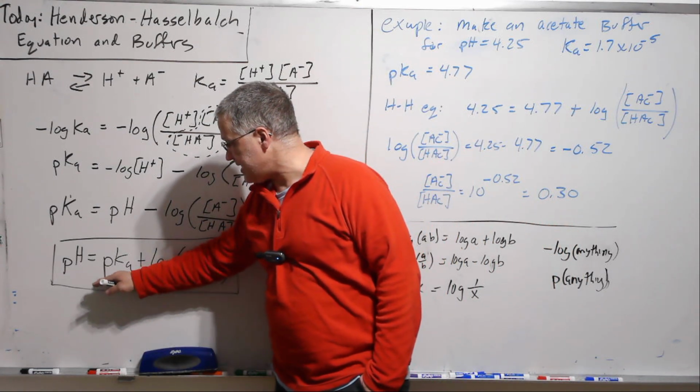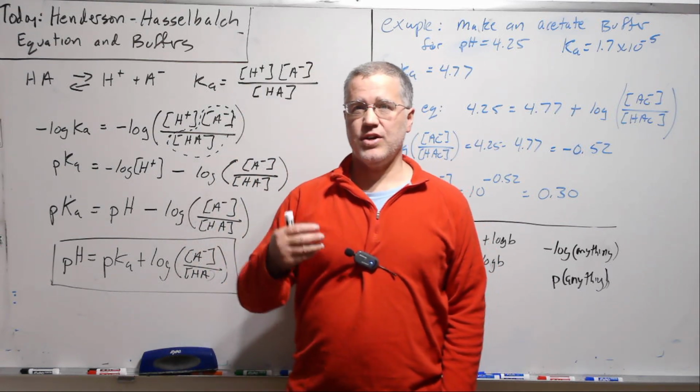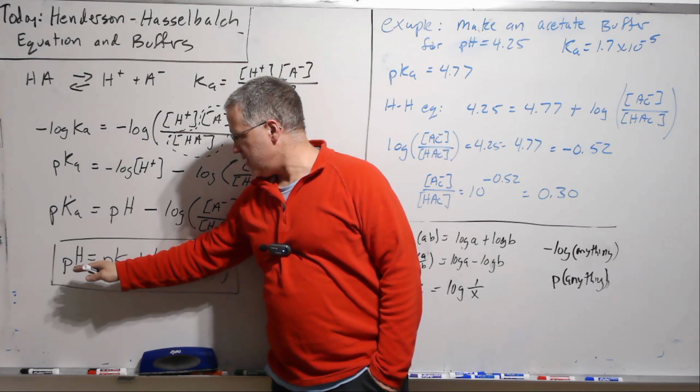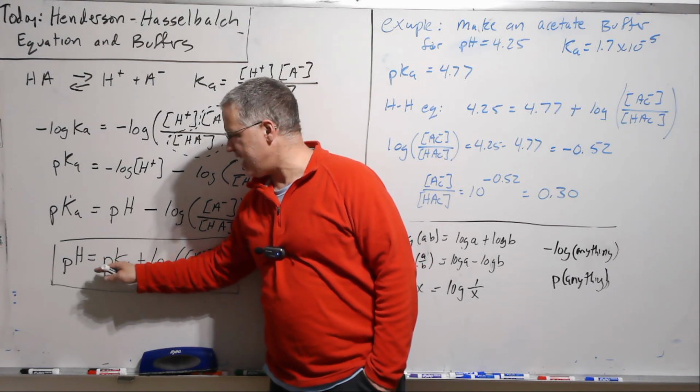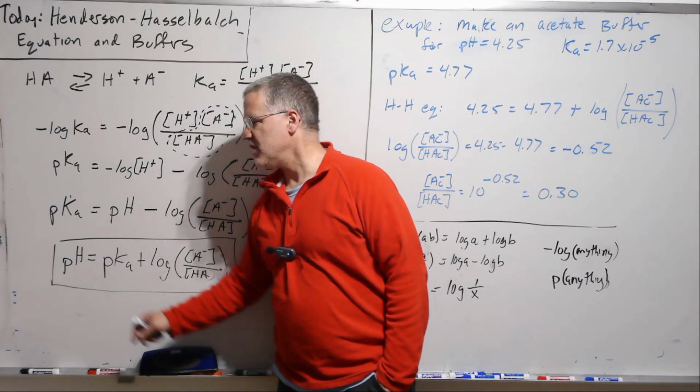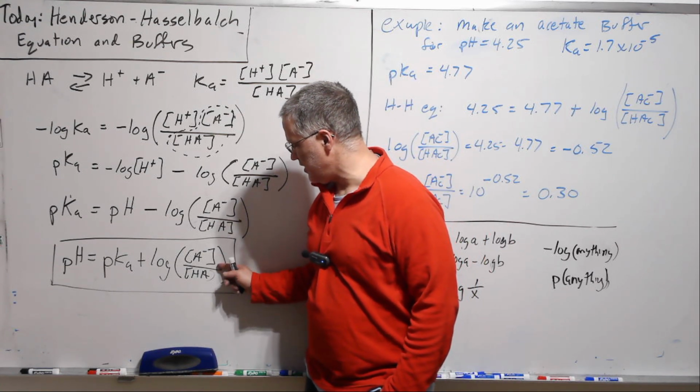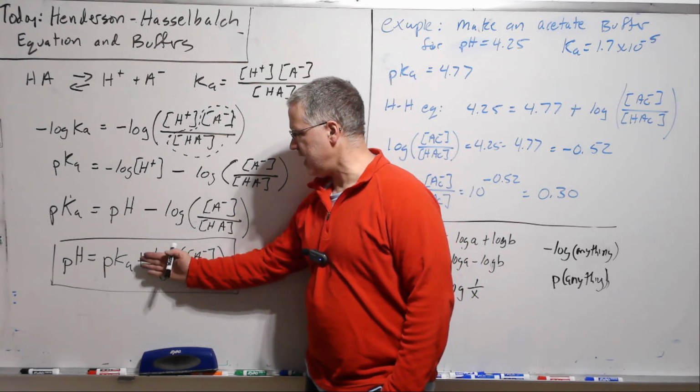Then pKa sits in here. That's showing that we want our pKa to be pretty close to the target, because what if this is exactly equal? Then this ratio is 1 and log goes away.